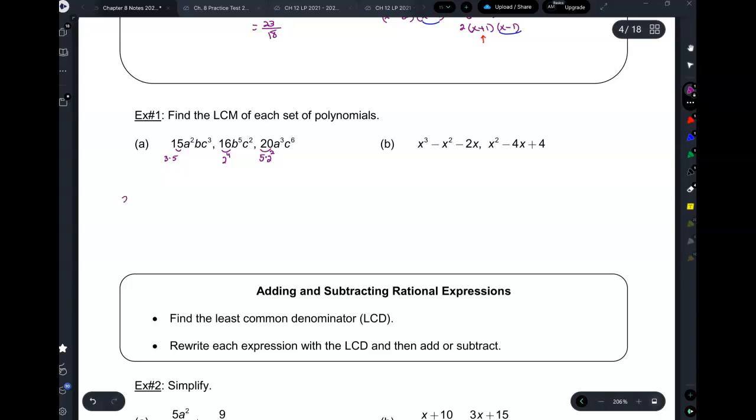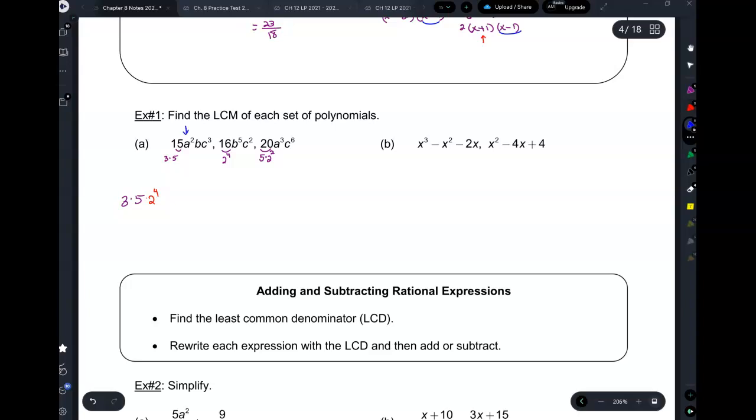Okay, I take a sample of the 3. The 5's, I have a 5 here and here, so I take a sample of the 5's. The 2's, I have one that's 2 to the 4, one that's 2 squared. I have to take the higher of the 2, so I take the 2 to the 4. Okay? Now, let's take a look at the variables.